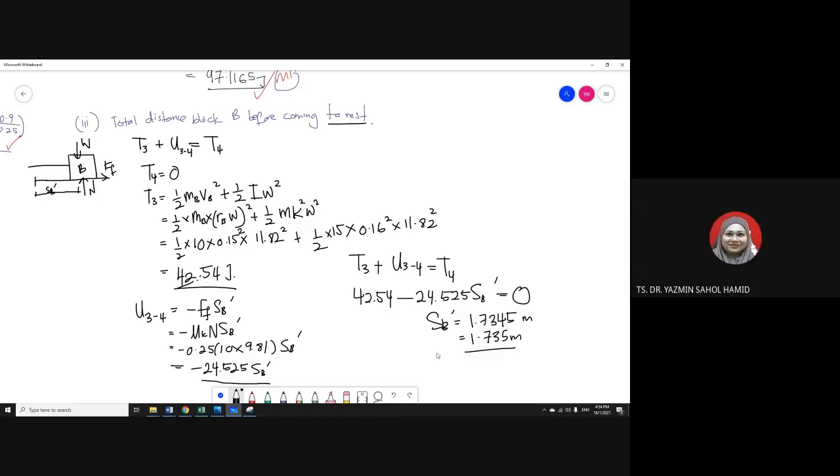Now, for us to find the total distance of block B, we have to do SB plus SB prime.